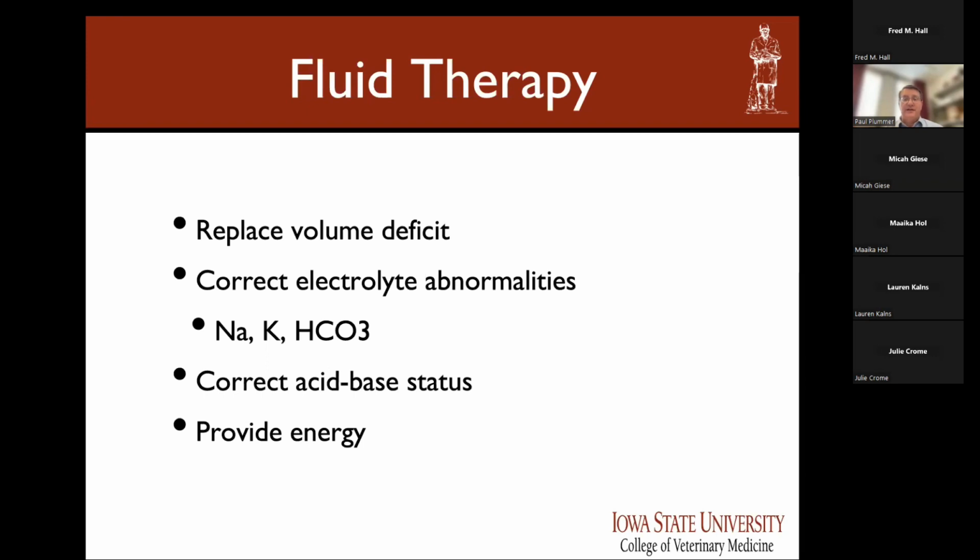But fluid therapy is critically important and should be the first component of intervention on these kids if our goal is to save them. Now, some of these animals, when we find them, they're going to be significantly sick enough that humane euthanasia needs to be a consideration. And so that certainly, may be necessity.